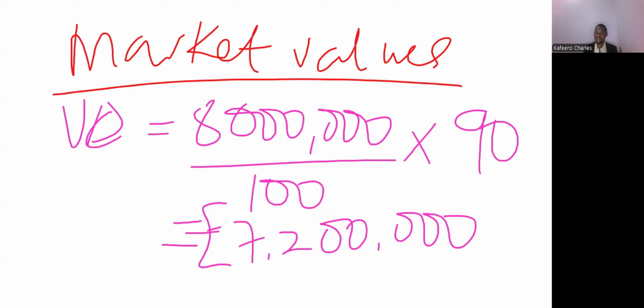The formula is the same. You get the book value of the debt or of the debenture, divided by the par value. You multiply by the market price of that debenture or bond. So here the book value was 8 million and the par value was 100.